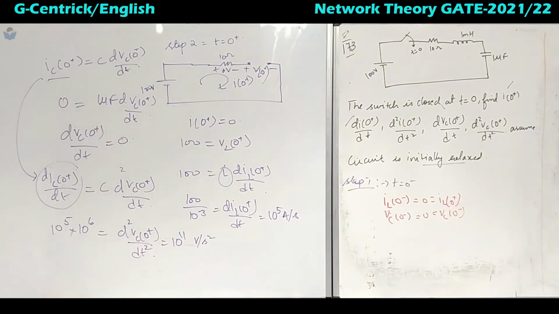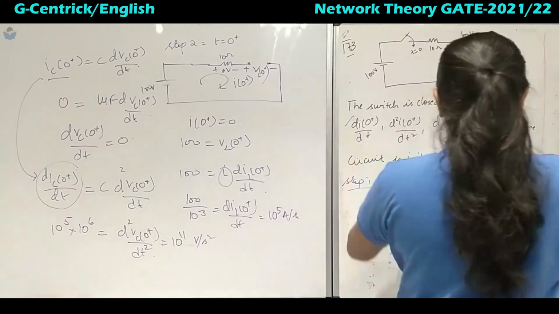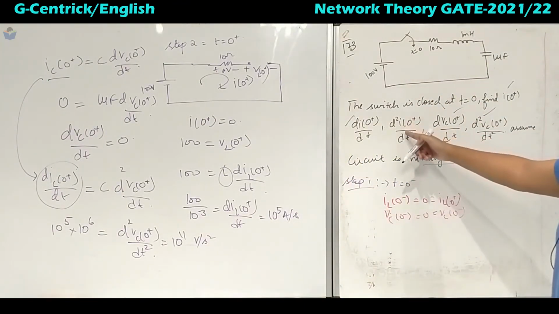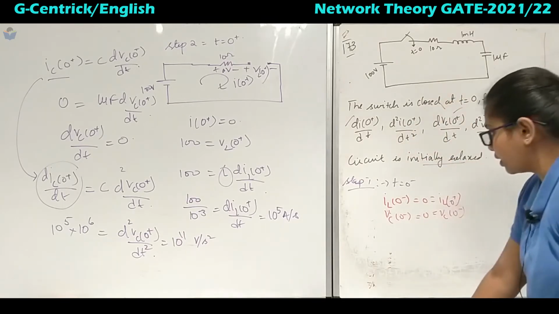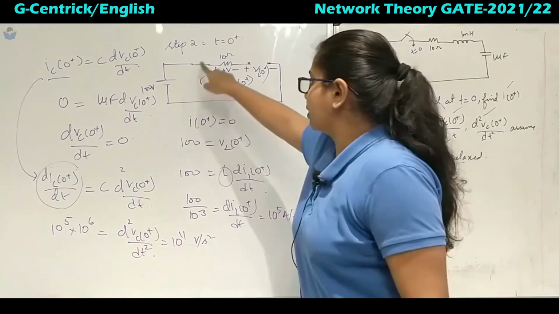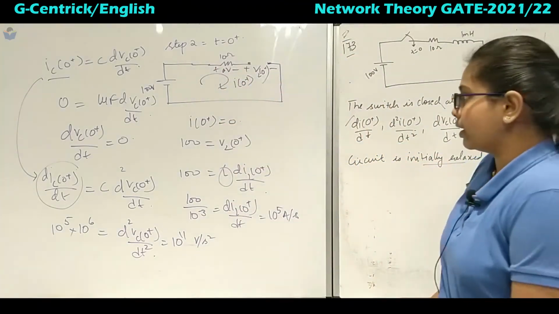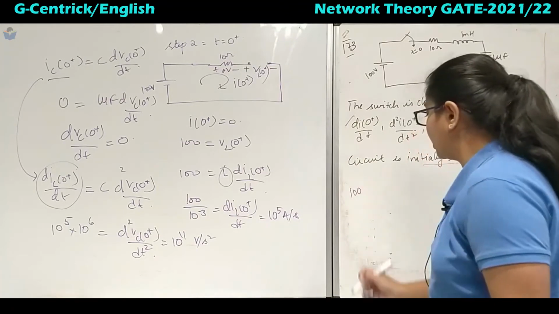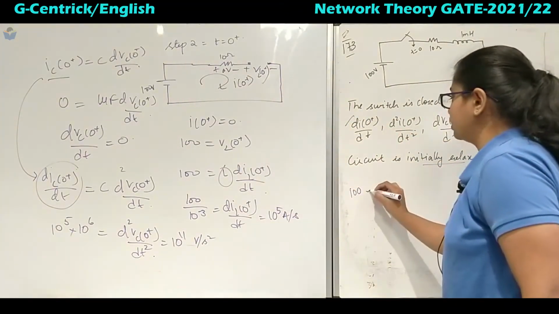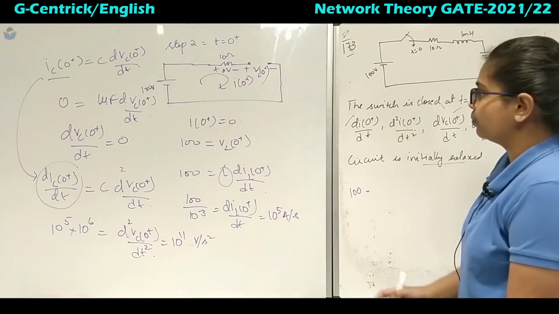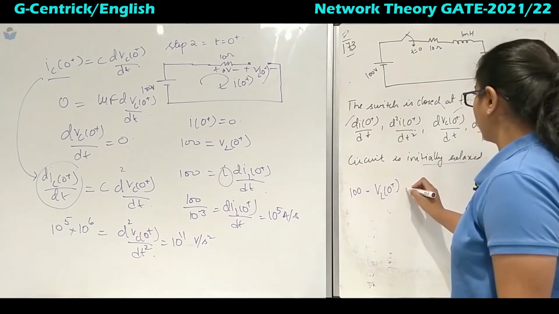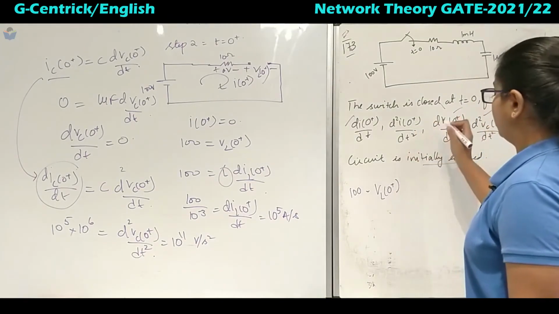Now we are left with one parameter. We have got this and this, and we are left with the second order term of the current. How do we find that one? For this one we can apply KVL. When we apply KVL, we get 100 minus the drop across the resistor, which is 0, minus VL of 0 plus.